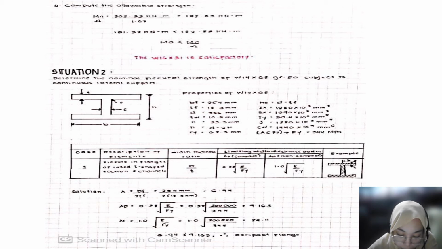So, ang lambda p natin is 0.38 square root E over Fy, and makukuha natin is 9.163, and lambda r natin ay 1.0 square root E over Fy, and makukuha natin ay 24.11. So, the lambda ay less than siya sa lambda p, therefore it is a compact flange.